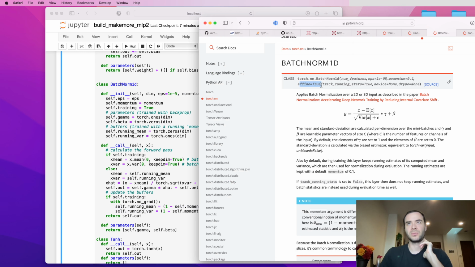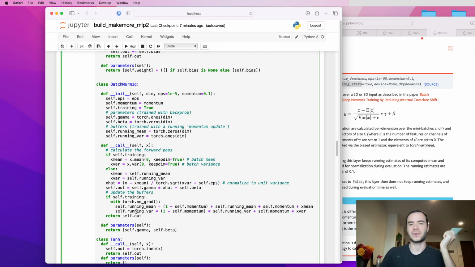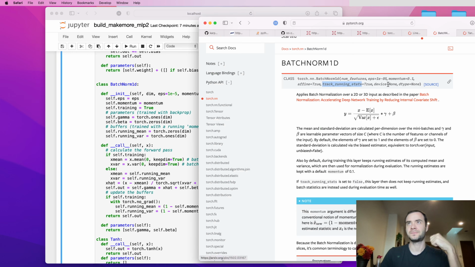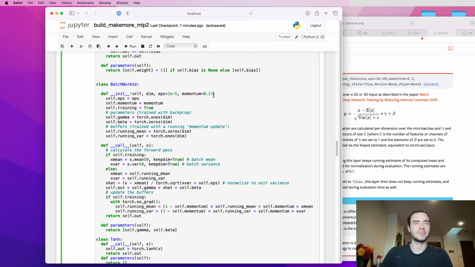So for us, affine will be true. That means that we will be using a gamma and beta after the normalization. Track running stats will be true, so we will be keeping track of the running mean and the running variance in the BatchNorm. Our device by default is the CPU, and the data type by default is float32. So those are the defaults. Otherwise, we are taking all the same parameters in this BatchNorm layer.